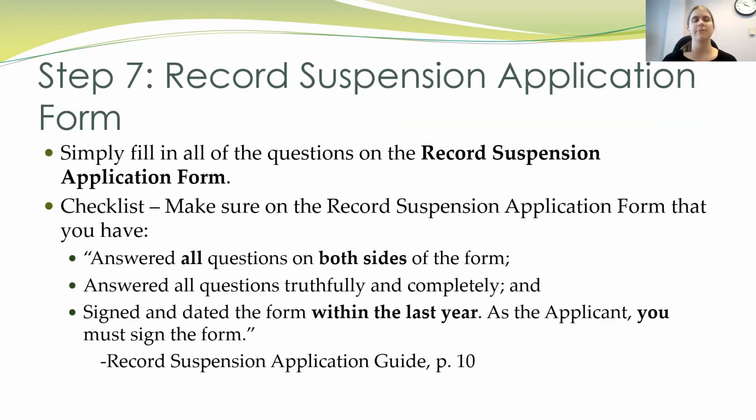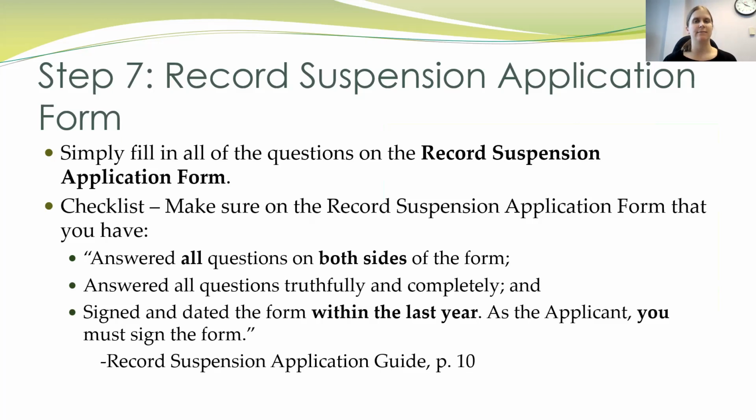Also, this is the form where you give them your mailing address. There's a little blurb on page 10 of the record suspension application guide where it's talking about this step, where they say that if you change addresses, you need to update the Parole Board of Canada.